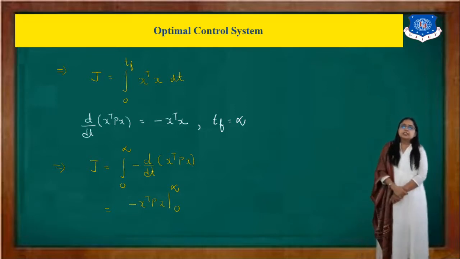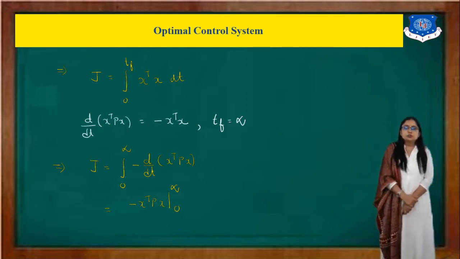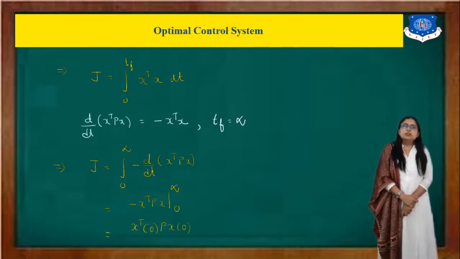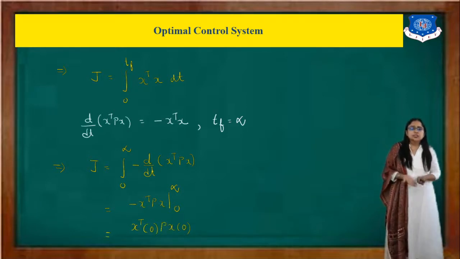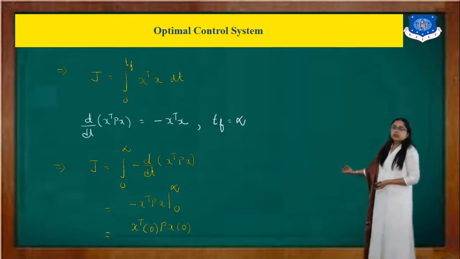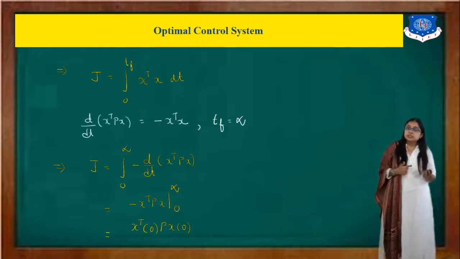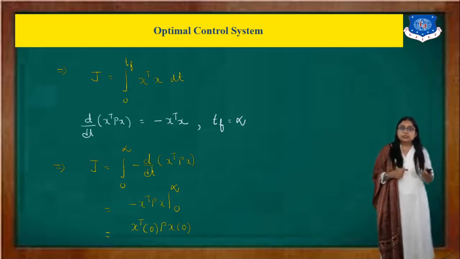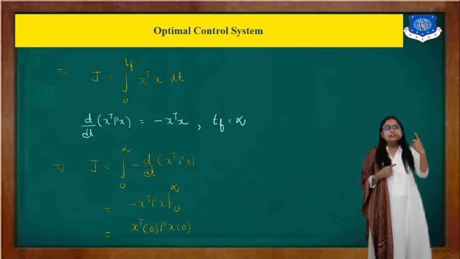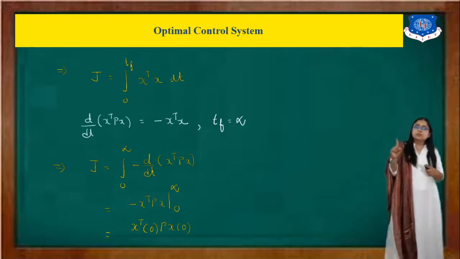Here we will get minus x transpose P x from 0 to infinity. If we consider the final condition equal to 0, then we get x transpose(0) P x(0). Because if the system is a stable system, the final condition of that system will become 0.